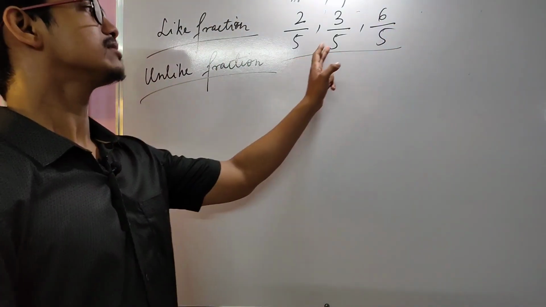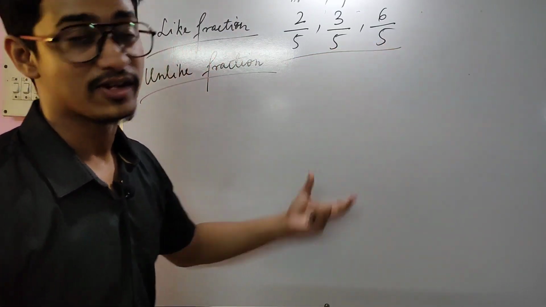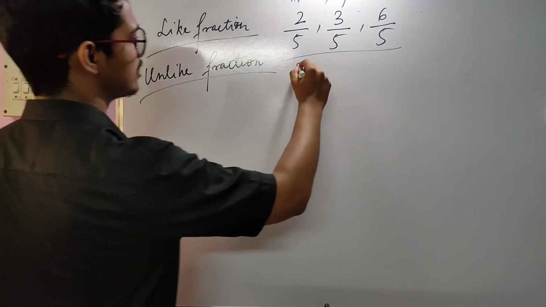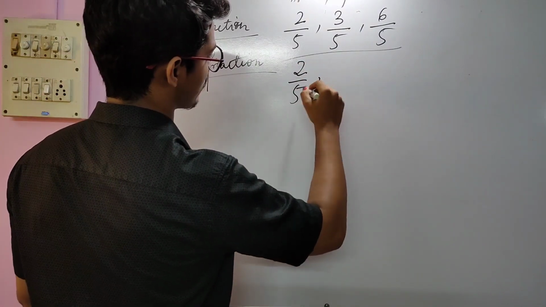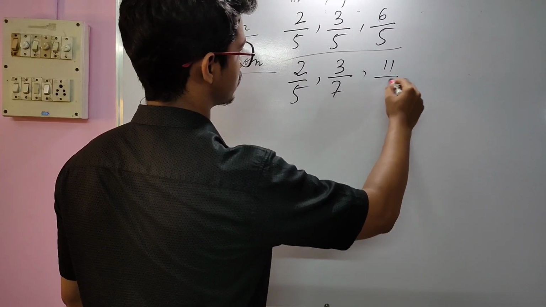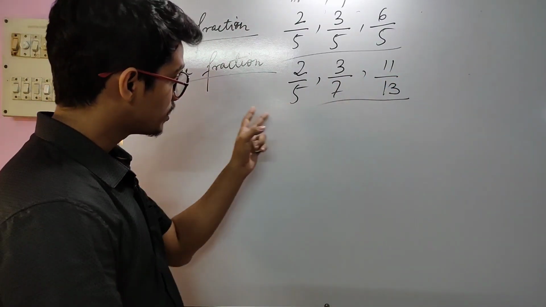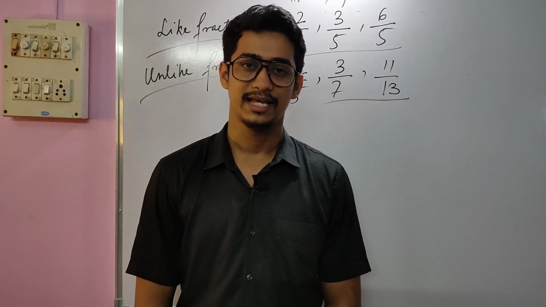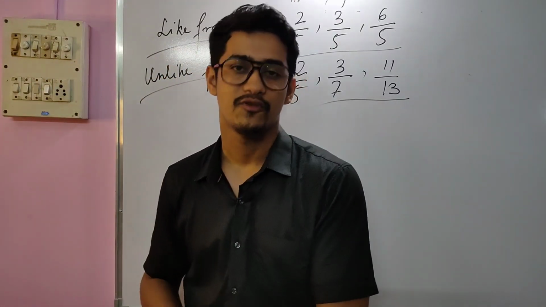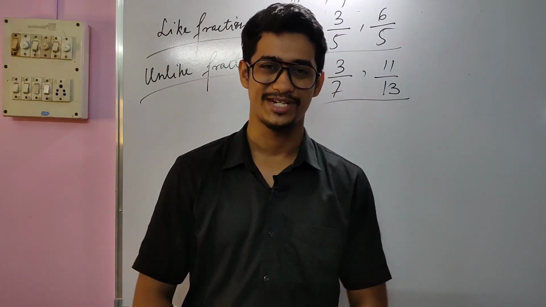When the denominators are all the same, 5, 5, 5, these are like fractions. Unlike fractions means what? Let's say 2 by 5, 3 by 7, 11 by 13. These are all unlike fractions where the denominators are not the same. So these are the types of fractions that we need to understand before starting off the questions.